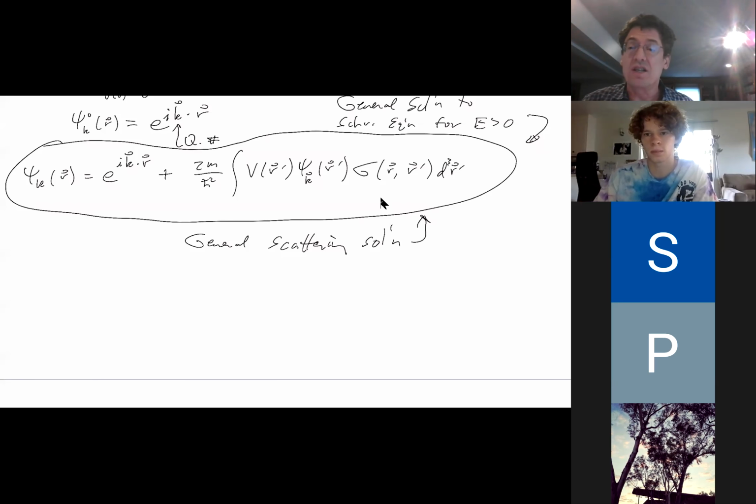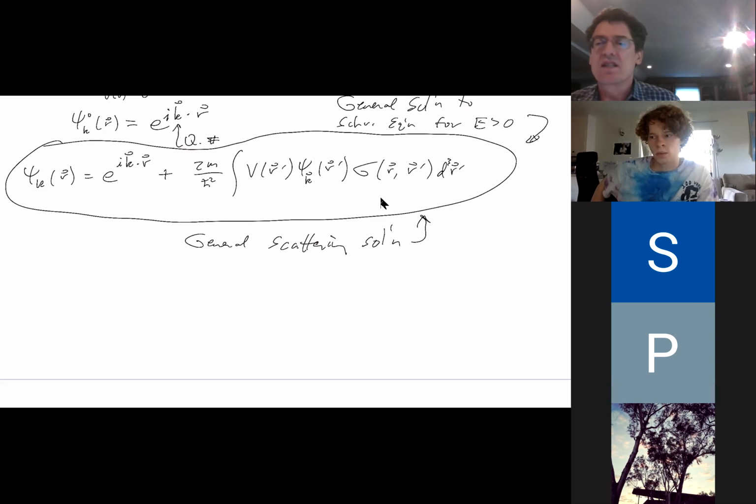And it's legitimate. I haven't done any approximations yet, so the mathematics is still legitimate. On some level you might be thinking, well, that can't be so helpful, but it actually is.